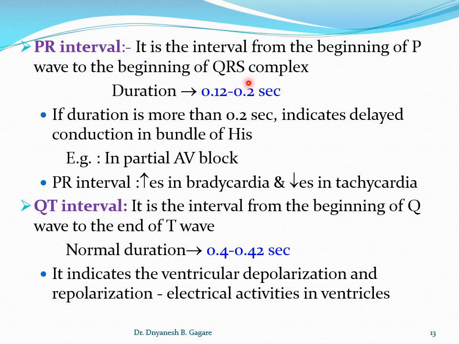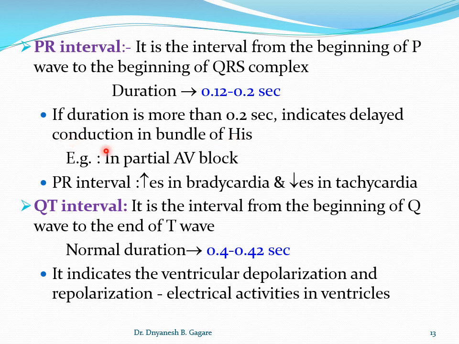It is the interval from the beginning of the P wave to the beginning of the QRS complex, so depolarization of the atria is included. This duration is 0.12 to 0.2 second, and if it is more than 0.2 second, it indicates a delay in the conduction of the impulse in the bundle of His.